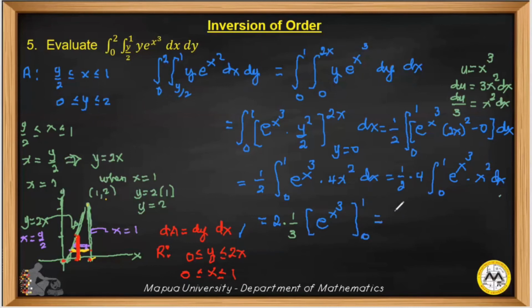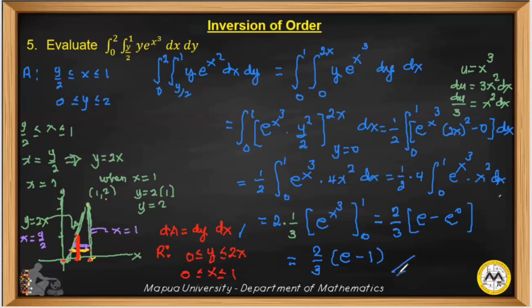Hence, evaluating the integral, we have 2 times 1/3 is 2/3, times when x is equal to 1, that gives us e raised to 1, or simply e, minus when x is equal to 0, that gives us e to the 0. But of course, e to the 0 is equal to 1. Hence, the double integral is 2/3 times the quantity e minus 1.